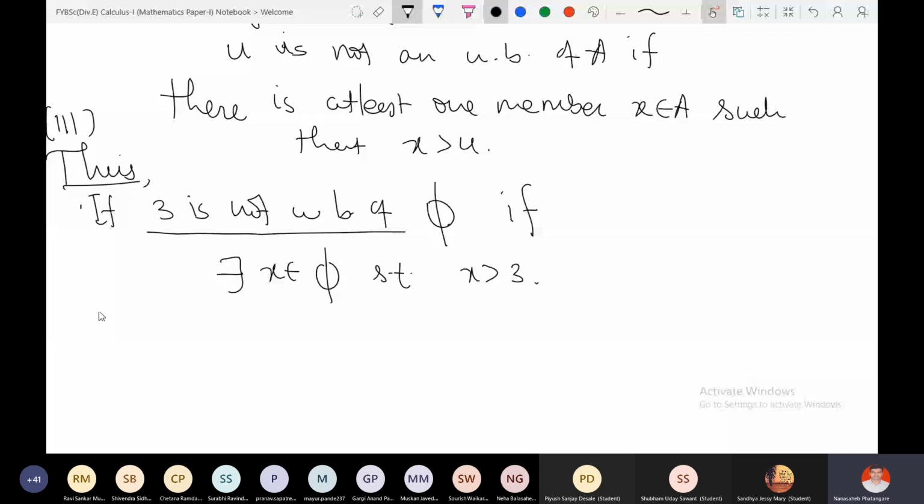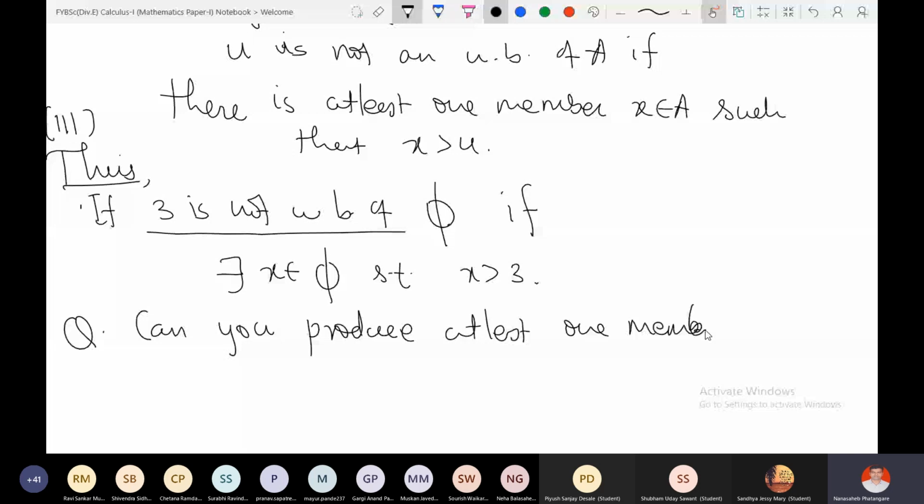Is it possible? Now my question is, can you produce at least one member X in the empty set such that X is greater than 3? Can you produce?